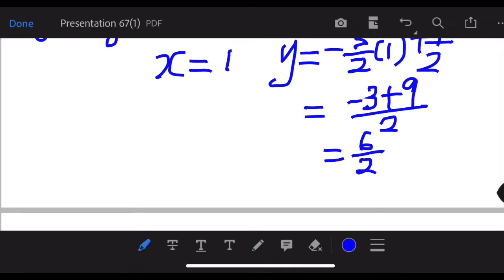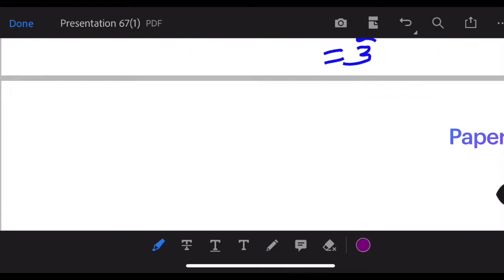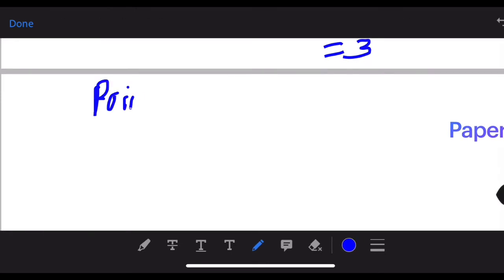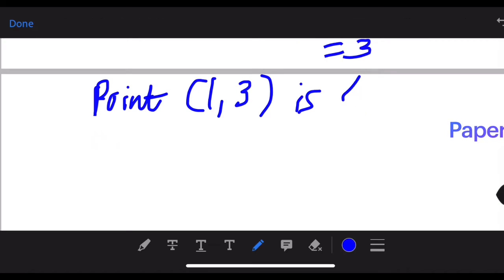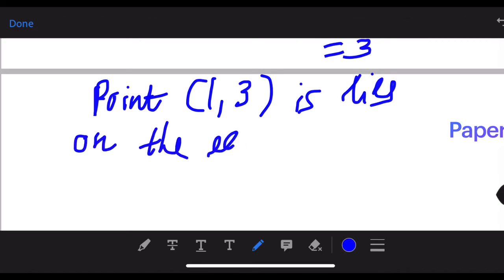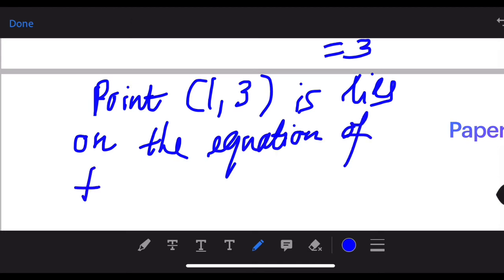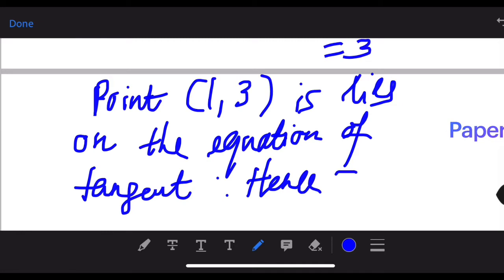So it means that the point (1, 3) lies on the equation of the tangent. It means that the car will hit the cone because the cone is at the point (1, 3).